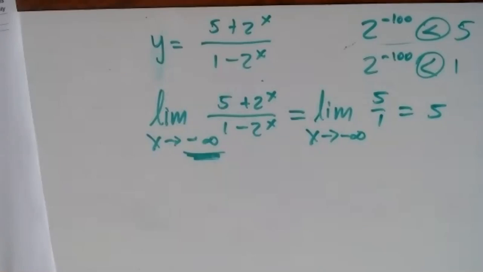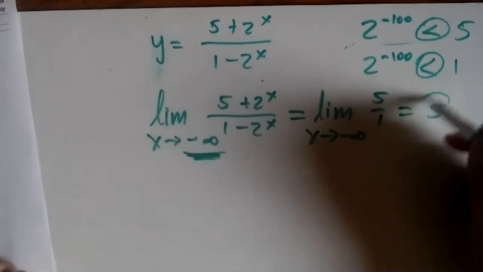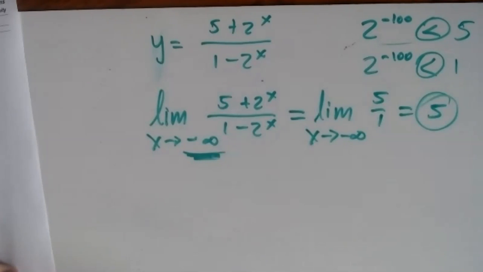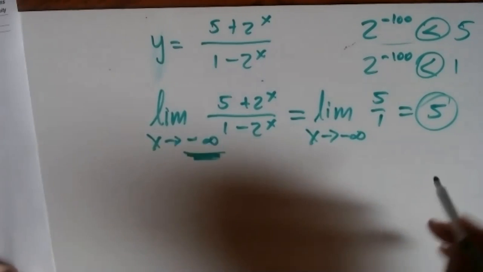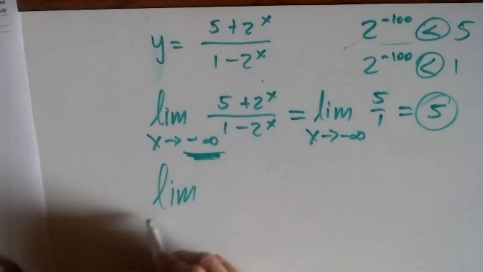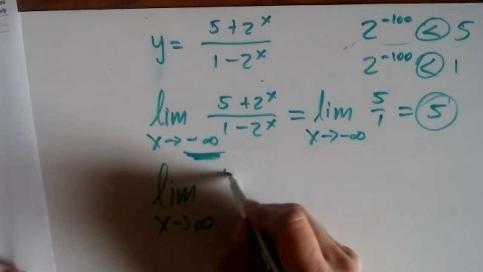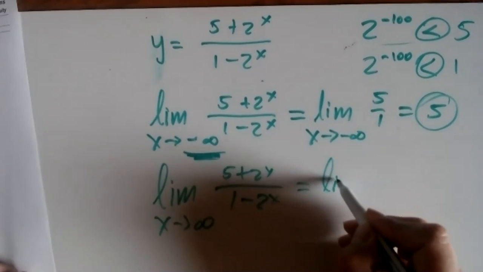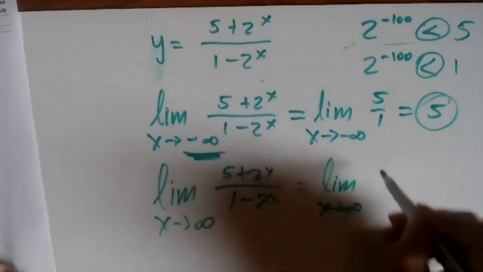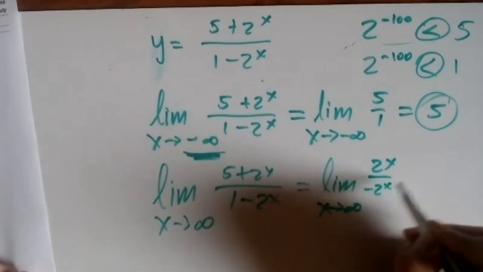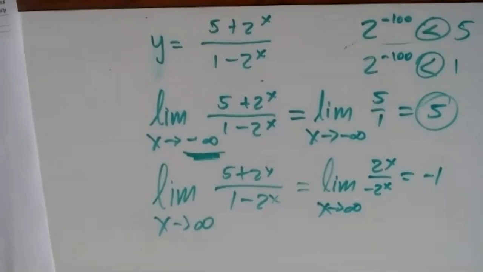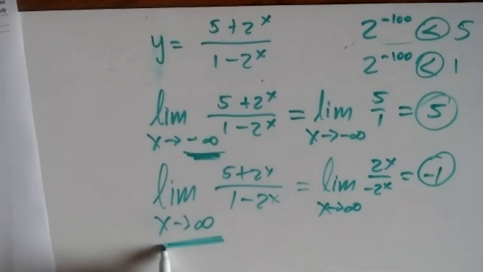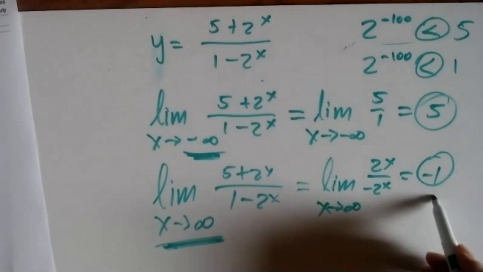So this is 5. So how many asymptotes do you have? 5 and negative 1, correct? Because the other one, déjame ponerlo aquí. Correct? So if you take the limit to the right, you get negative 1.